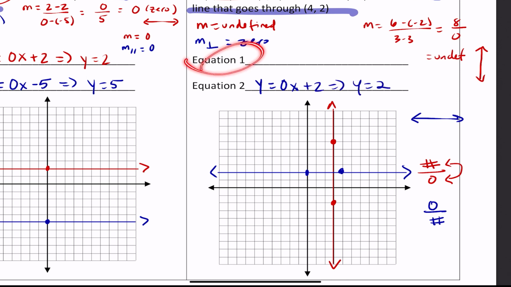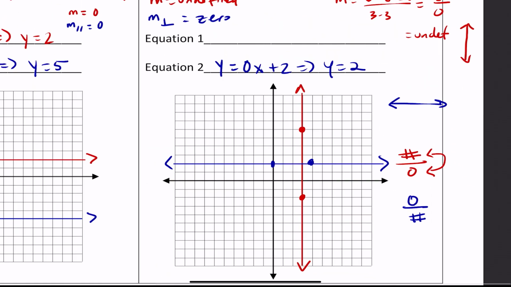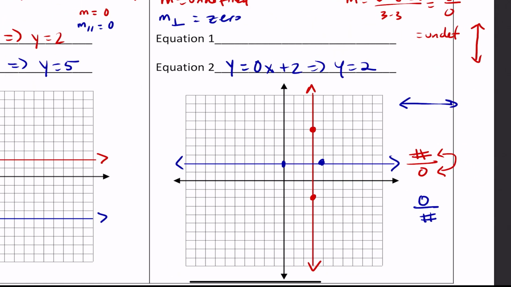And then my equation for this undefined slope, well, you can see that this line is passing through this x value. Yes, it's passing through this x value. So we write x. So every time you're writing an equation for an undefined slope, it's never y. It's always x equals, and then it's just going to be x equals the number that it is passing through on the x-axis, which is just 3.